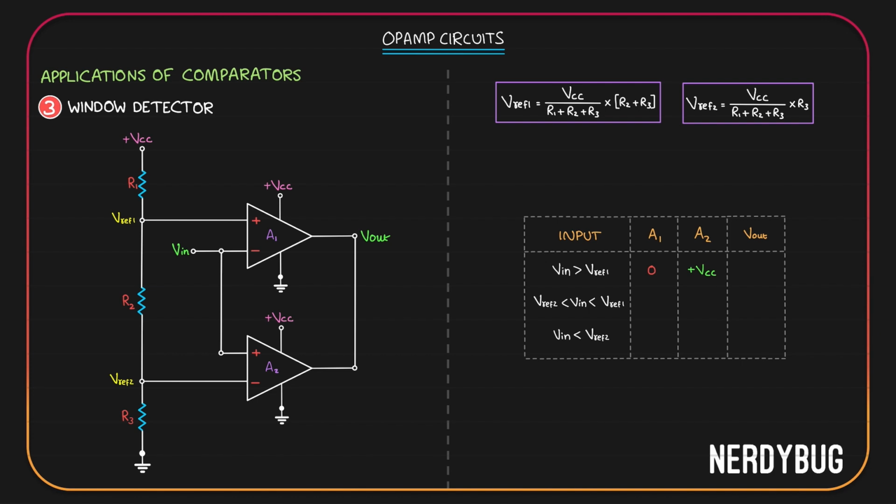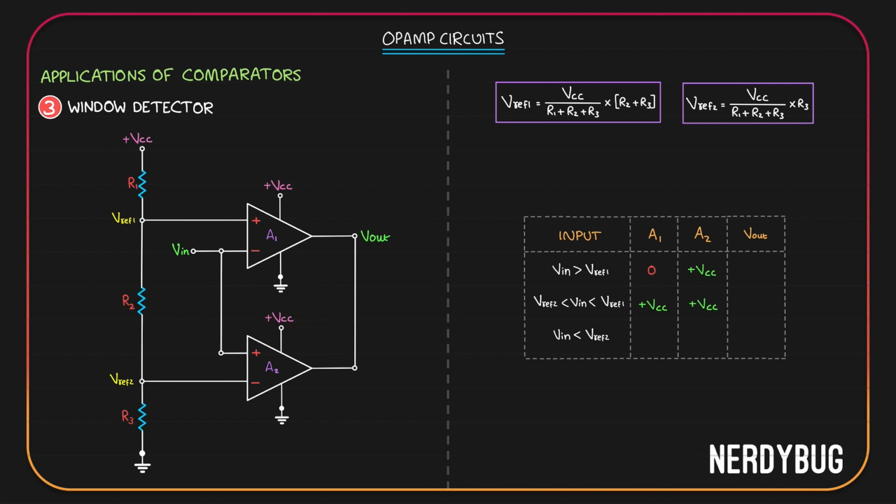Now take the second case where input is between the two reference voltages. Let's take the first comparator, which is inverting. Input is less than the first reference voltage. Since the comparator is inverting, output will be plus VCC. Now input is greater than the second reference voltage. So for the second comparator, which is non-inverting, output will be plus VCC.